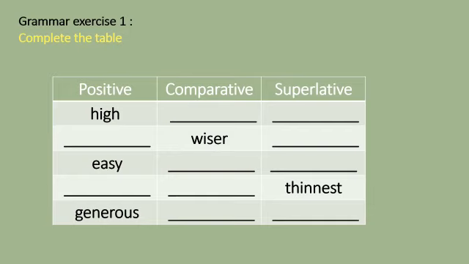Second, comparative, wiser. You have to write the positive and superlative. Third, positive, easy. You have to write the comparative and superlative.